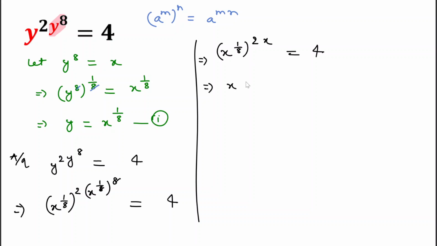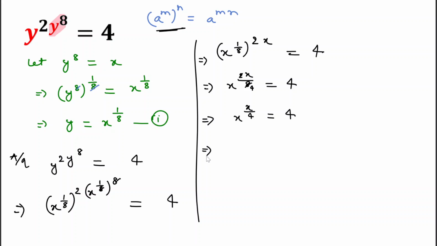And using the same formula we can write this as x to the power 2x over 8, which is equal to 4. After cancelling 4 times we can write x to the power x over 4 equal to 4.